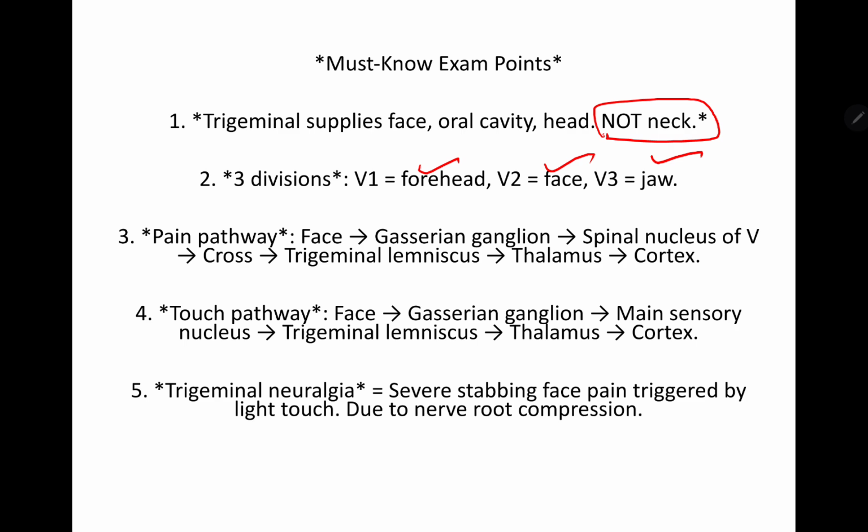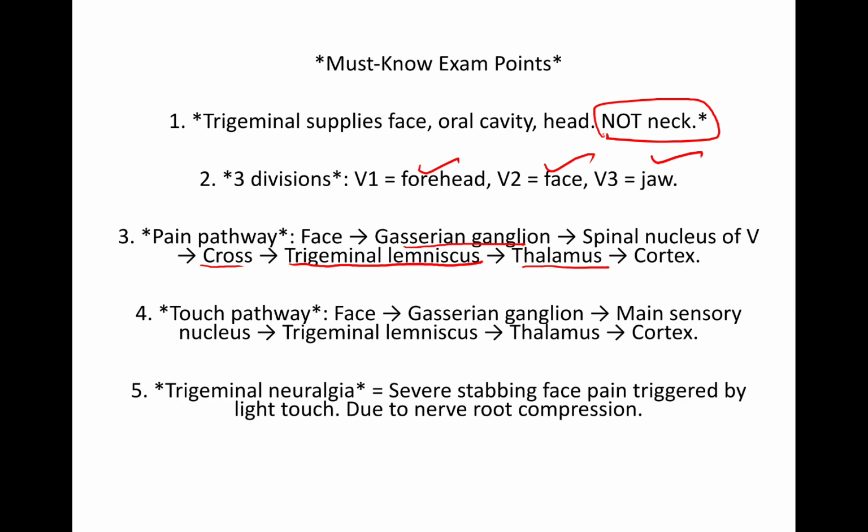Next, pain pathway. How will that start? It will start from the face, then Gasserian ganglion, then spinal nucleus of the 5, and then it crosses to the opposite side, passes through the trigeminal lemniscus, reaches the thalamus, and which further goes and reaches the cortex.